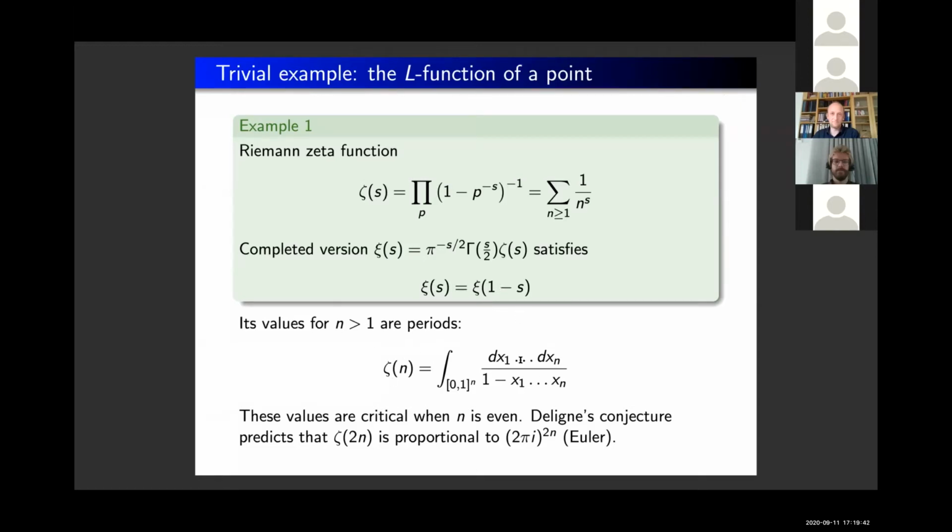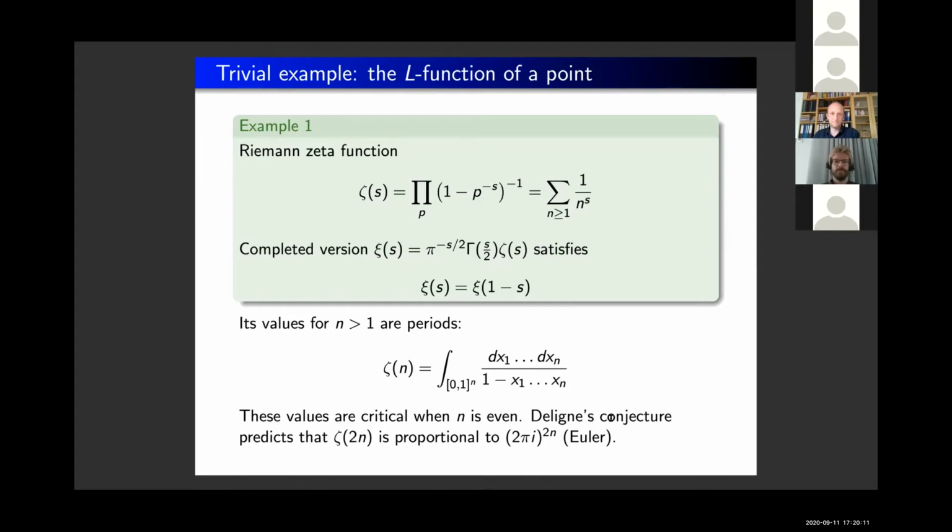And in this situation, as we all know, it's very easy to show that the zeta values are periods. They're given by this very explicit integral. And critical in this case, if you sit down and work out what critical means, in the range when n is bigger than 1, it means that n is an even integer. And as we all know, there's a dichotomy. There's a massive difference between the even values of Riemann zeta and odd values.